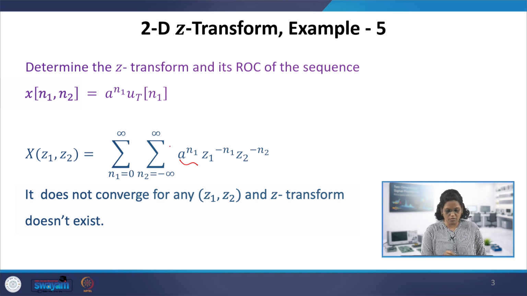This sequence is spreading from minus infinity to plus infinity, so it doesn't have a closed form solution here. So this sequence will not converge, and we will not be able to take the Z transform of that sequence. So it doesn't exist in this case. That is to be noted, because this sequence spreads from minus infinity to plus infinity.